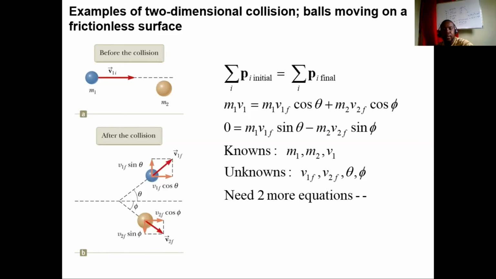They both create an angle with the horizontal. For the blue ball, it's theta, and for the brown ball, it's another angle. In this question, the momentum before will only be due to the blue ball because the brown ball is stationary. Since the blue ball is only moving in your x plane, we focus on your x plane, so we're going to write an equation for the x plane only.